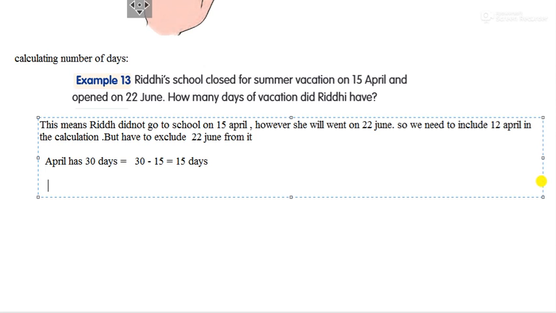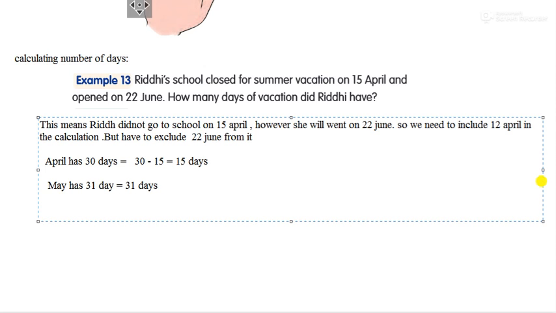Now in the May month, May has 31 days, so the total is 31 days. Now in the June month, equals 21 days. Start at the 22nd, so we will take up to 21.